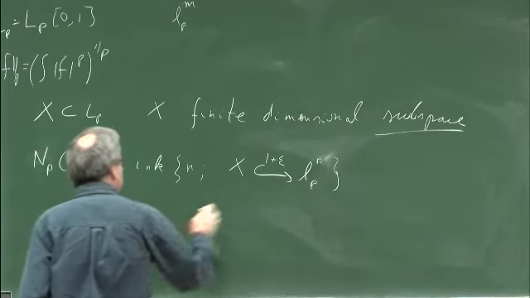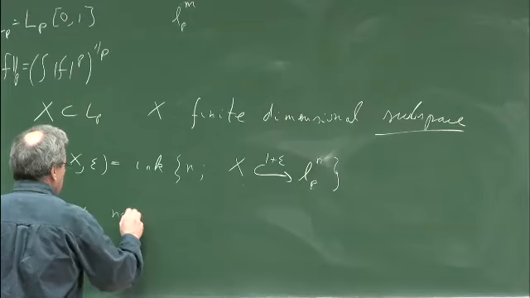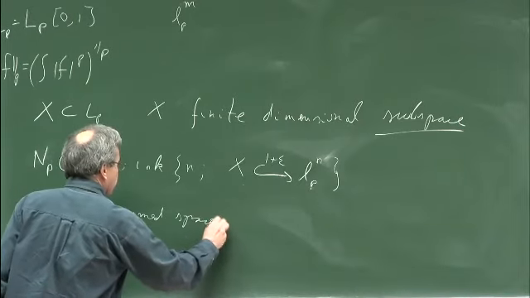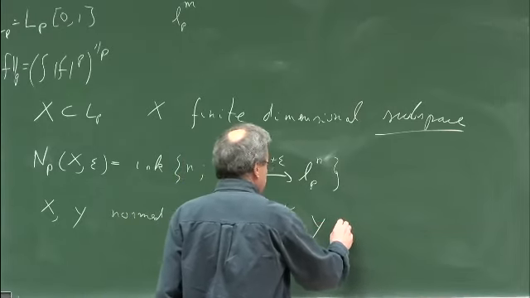So what do I mean by that? When I have two Banach spaces, two normed spaces, I say that x K-embeds in y.